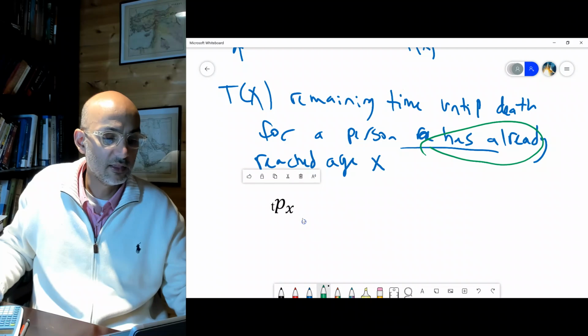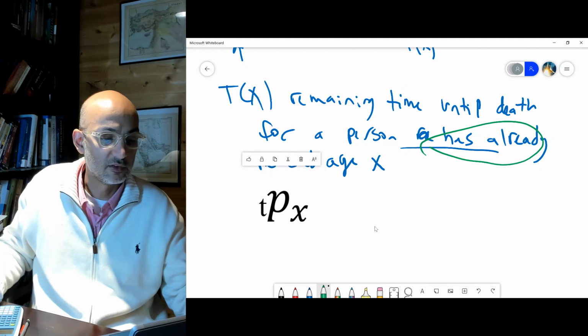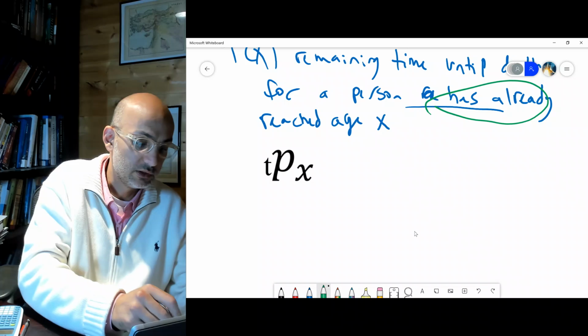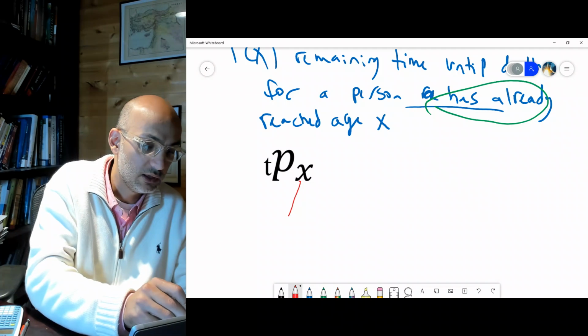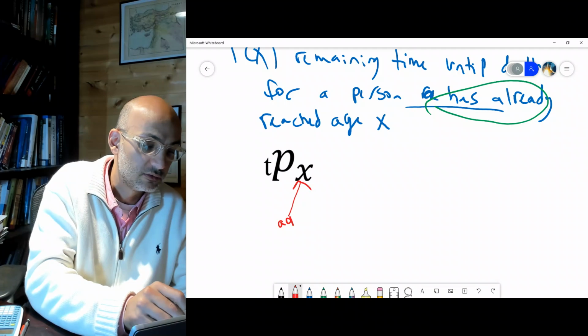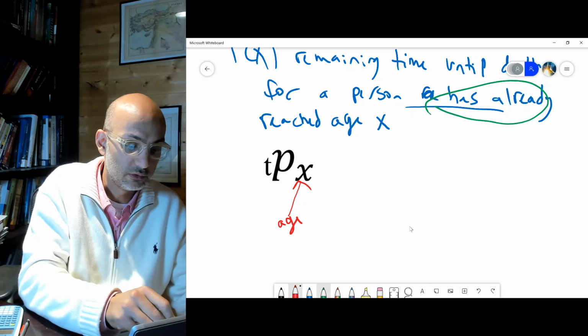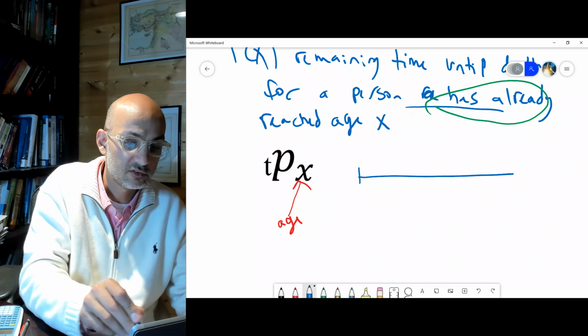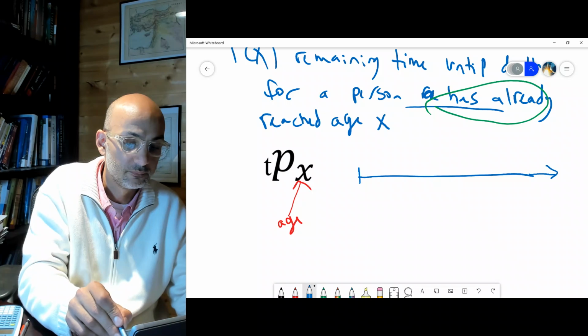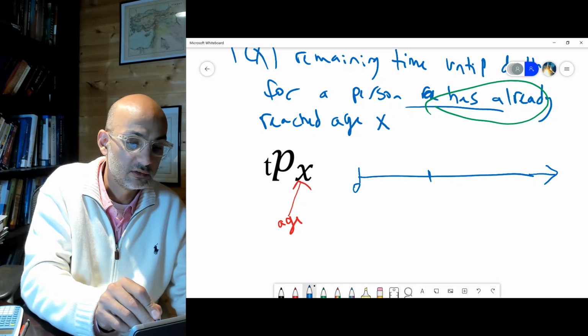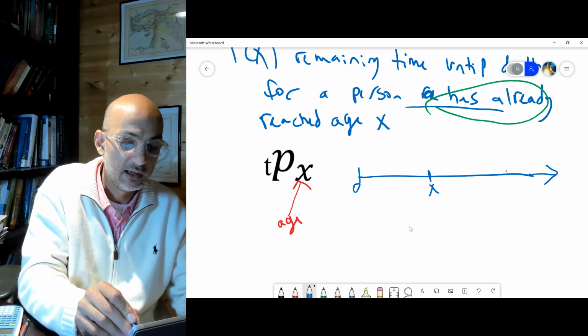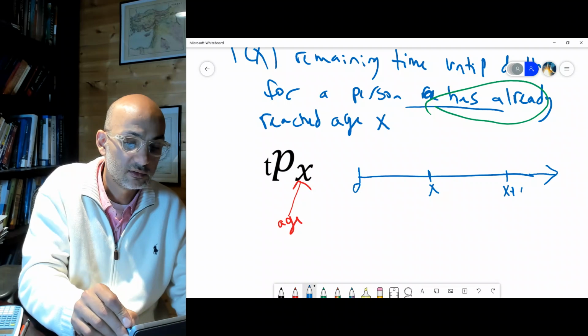So let's use this one to try to understand it. Now it's different here. It's not the same one we looked at. What I want you to see first is that x is the age, the new age, the given information. If I draw a line to represent this new notation, this is time 0, this is time x, and this is time x plus t.